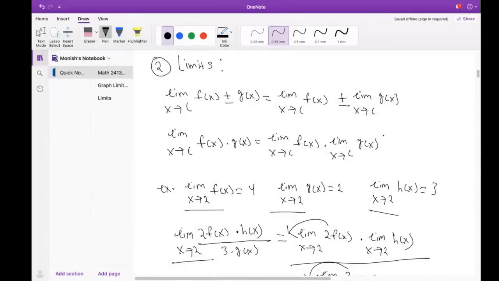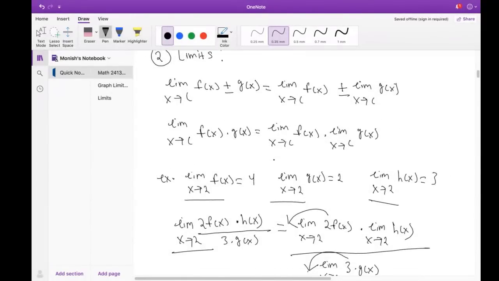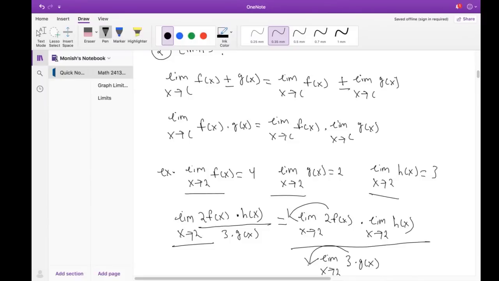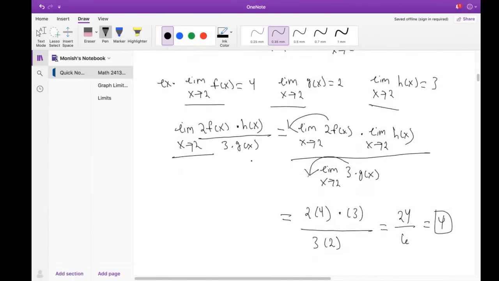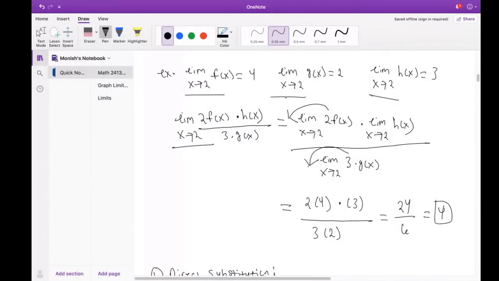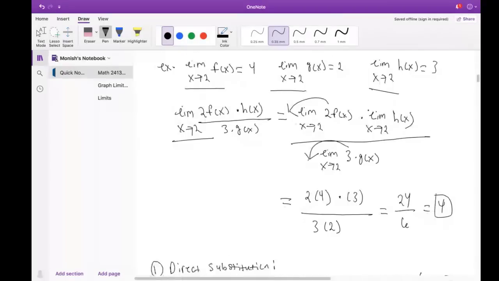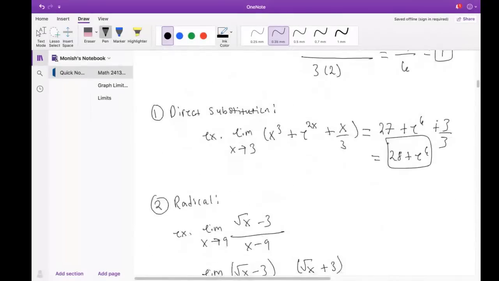And then with limits, adding, subtracting them, you can just split up the limits individually. Same thing with multiplication and division. With problems where they give you conditions and then combine them by either multiplying, adding, dividing, whatever, you just split them up first, and then plug in the y values they give you and simplify it.